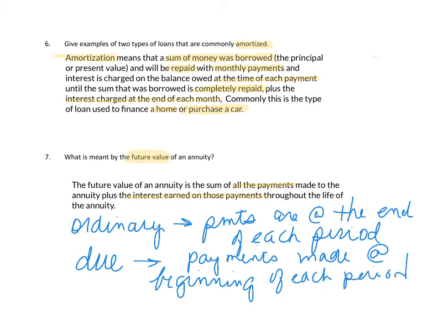And a key piece of information here is to remember that the annuity due, if each of your payment amounts is the same, is actually going to have the larger future value. The reason for that is because you get interest on every single payment you make, because you make that first payment at the beginning of the first payment period.